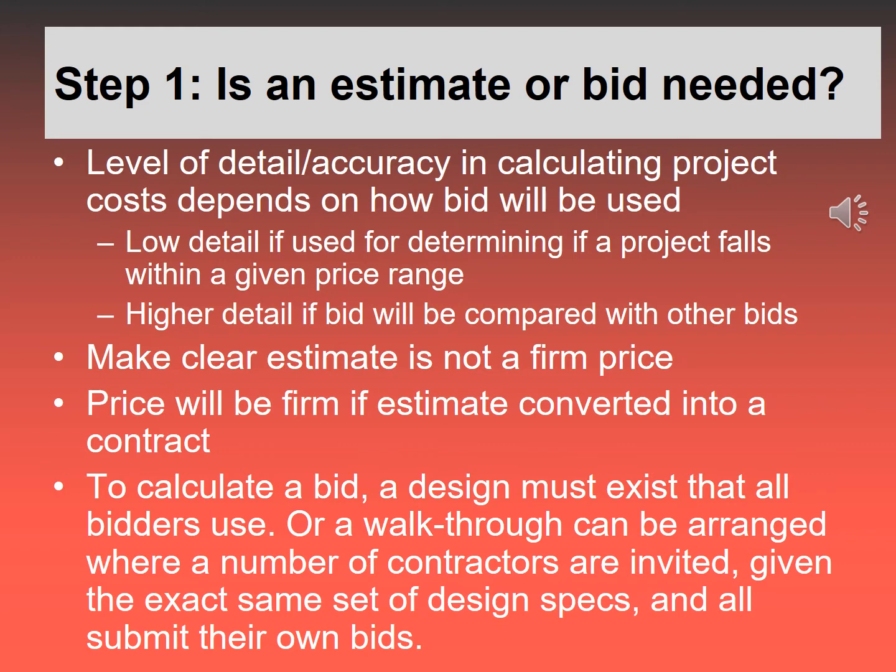And often another difference between an estimate and a bid is that a bid, just by the nature of the word, is usually done when you have a number of contractors put their bid in for that project. You could get landscape company A, say I'd like a bid for this 10 by 10 patio made out of flagstone, grout, joints, underlain with gravel and sand, and you give the exact same specs out to a couple other contractors, landscape company B and landscape company C, and they all give you a bid on that project, and you compare them.